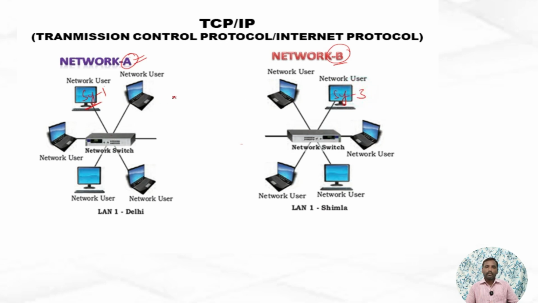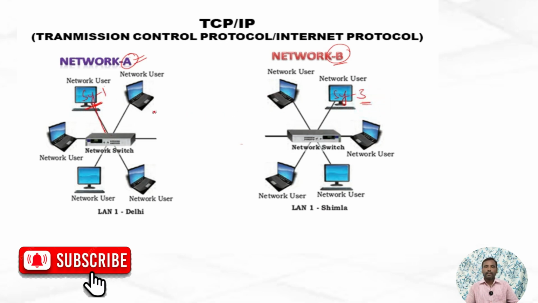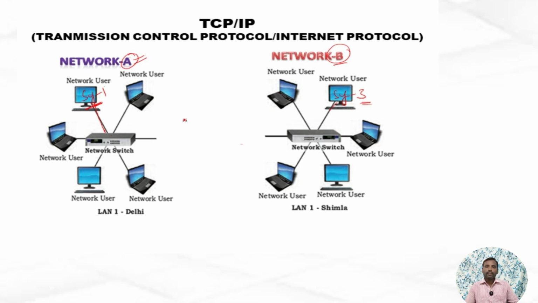From system 1, I want to send data to system 3 of B network. So these two networks are connected, but I want to send data between two systems. This we call host to host. So to transmit data host to host, we have to use the TCP/IP protocol.